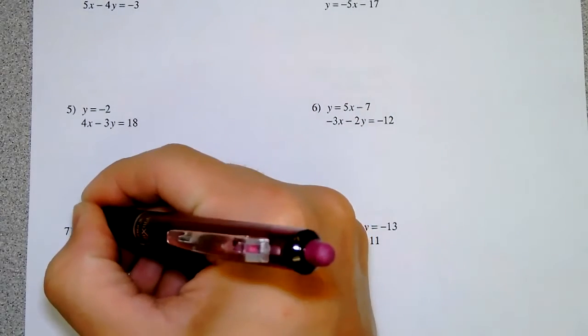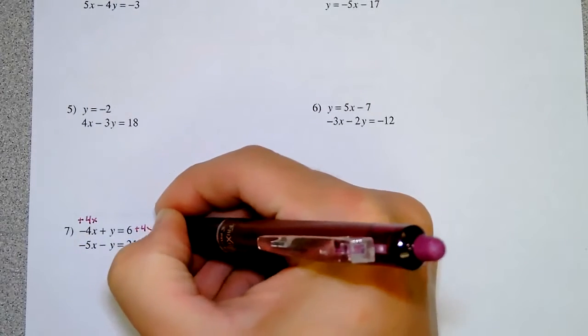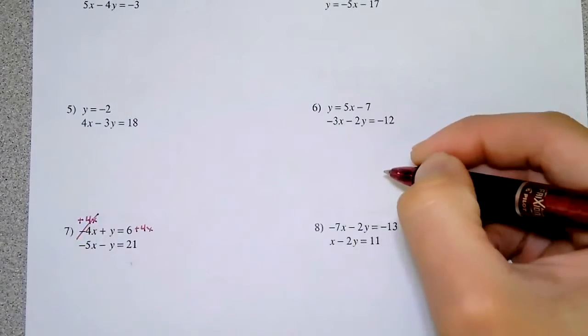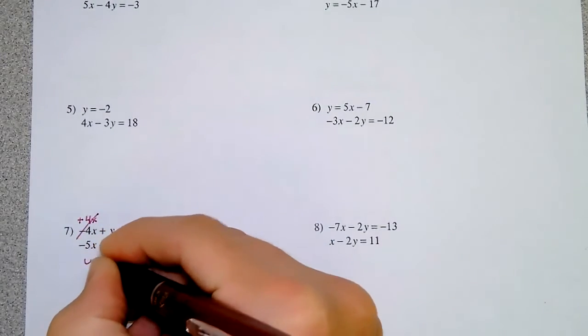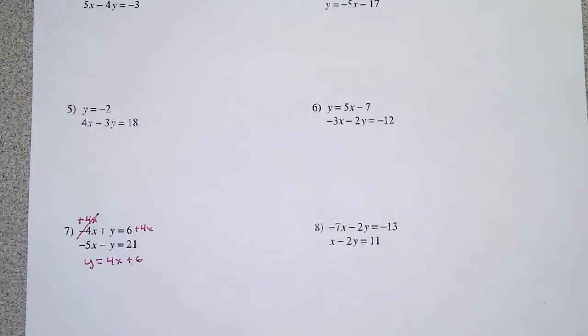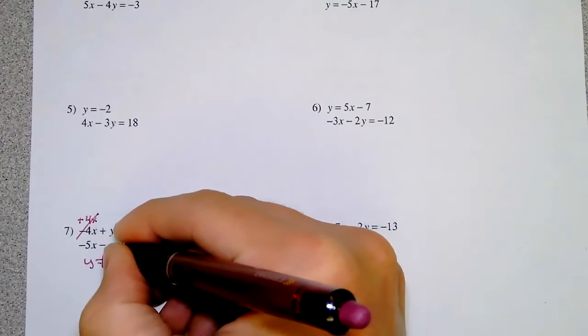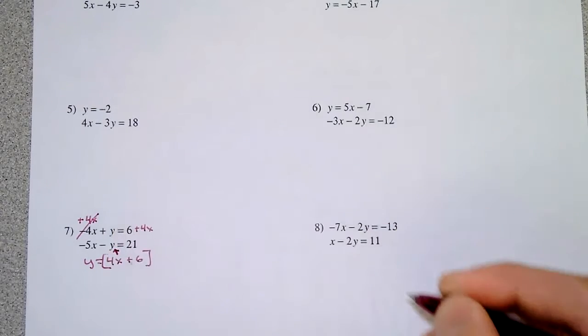So we're going to take the top one and add 4x to both sides so that it cancels out over here. And now I have y equals 4x plus 6. So now I can just take this 4x plus 6 and plug it in for that y there.